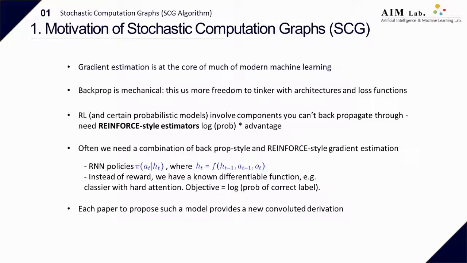Also, we sometimes use a non-differentiable function instead of a reward function. When we learn a classifier, we make a hard attention model, shown in the next slide. Its objective is the log of the probability of the correct label.